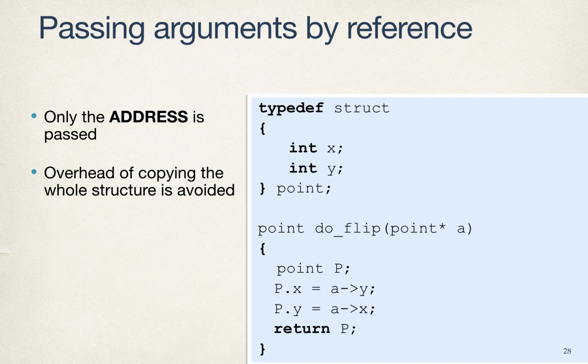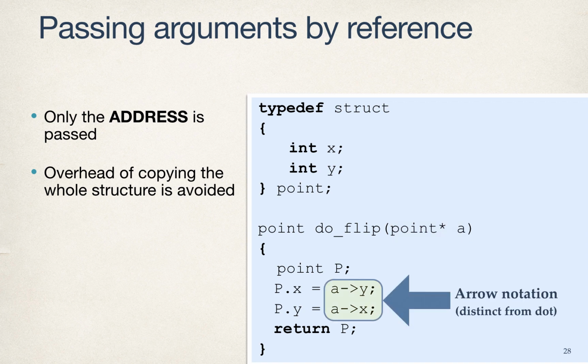So we create a temporary point P, we set X to a->y, Y to a->x, and then return P. So there's still a copy going on because we've got to get the return result back. All right, but that's passing an argument by reference. In other words, you're passing the address of it. So that's a pointer or the address of a structure.